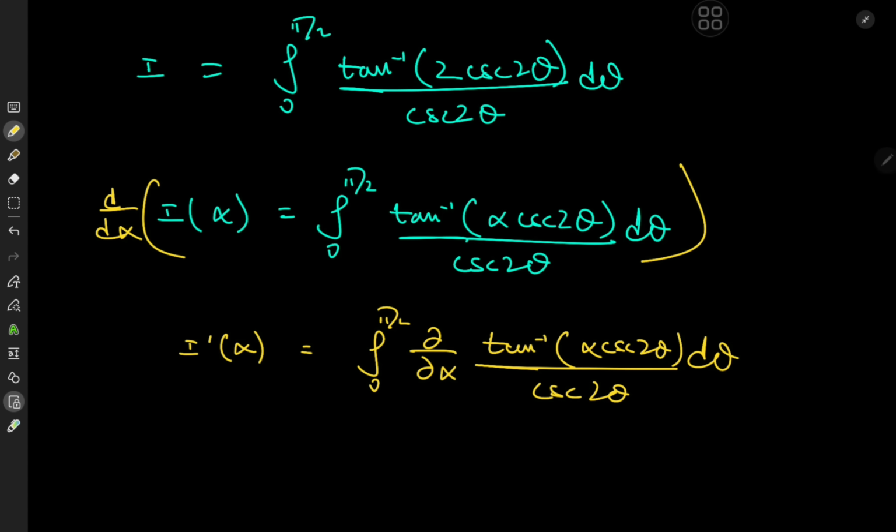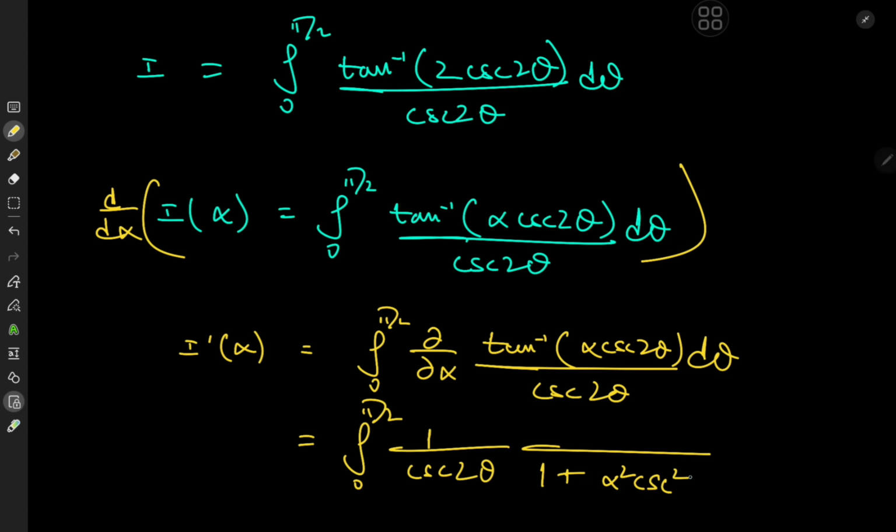Now, differentiating with respect to alpha, we have this 1 over cosecant 2 theta, which is, of course, independent of alpha. And like I said, the derivative of the arctangent is pretty cool. It is 1 over 1 plus the square of the argument, so alpha squared cosecant squared 2 theta. And by the chain rule, we have this cosecant 2 theta term up top, which cancels out quite nicely.